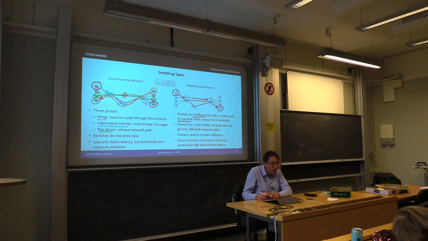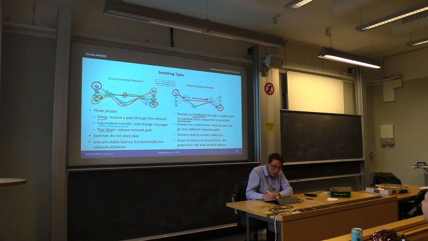Now, there is nothing that guarantees that the second packet will go the same route. So the second packet in blue here comes and it's placed in the router queue, but then it turns out that this output line here is quite busy, right? There is a lot of traffic here, but this one seems to be available.